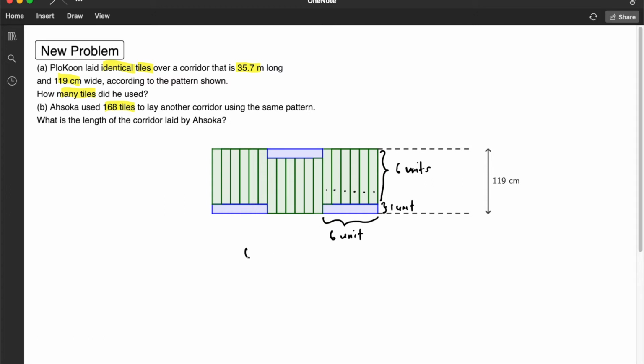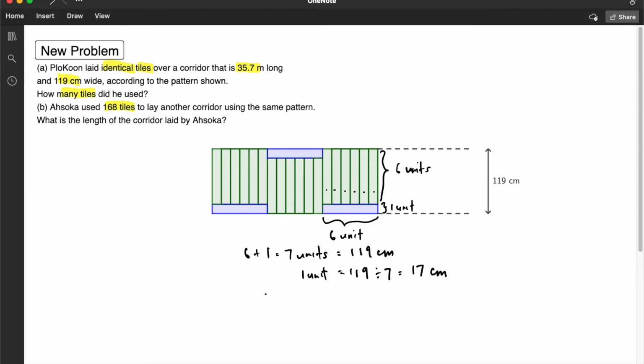So 6 plus 1 or 7 units will be equal to 119 centimeters. So 1 unit is equal to 119 divided by 7. This will give us 17 centimeters.